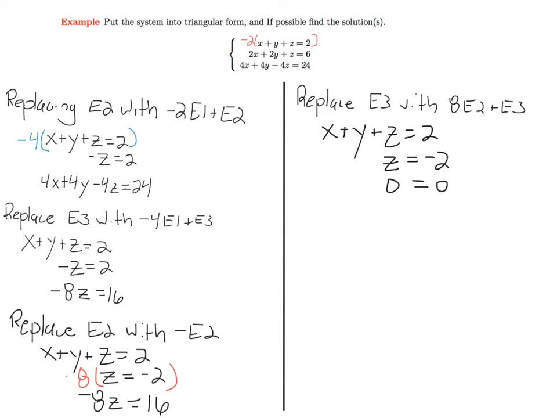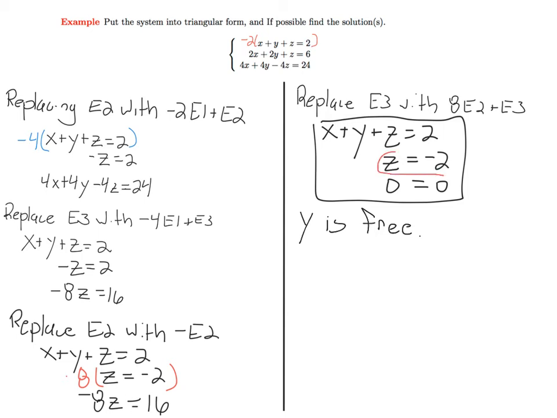So this is now in triangular form. And what we can see is that no equation has y as a leading variable. So we say that y is free. So any solution to this is first of all going to mean that z has to equal minus 2.